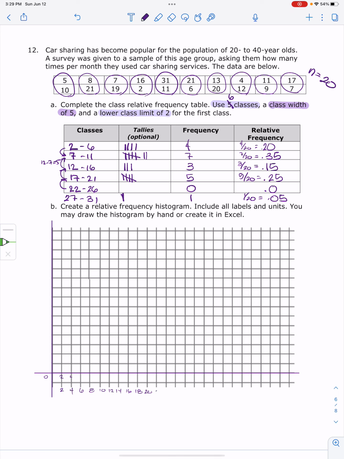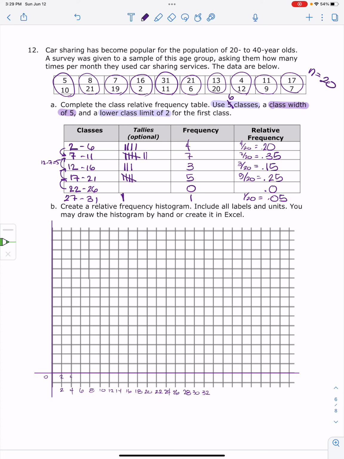Making sure that I don't forget anything here. So my first class goes from 2 to 7.